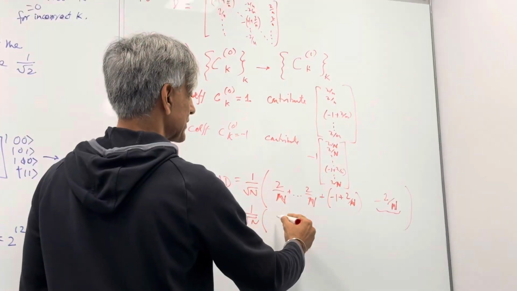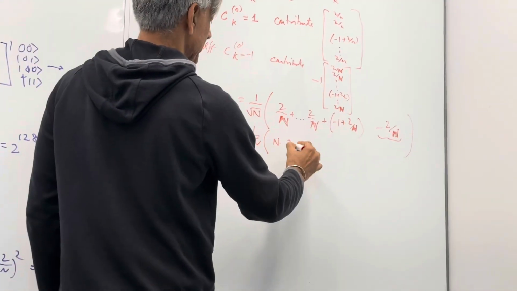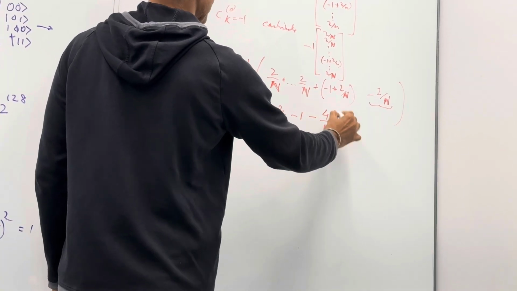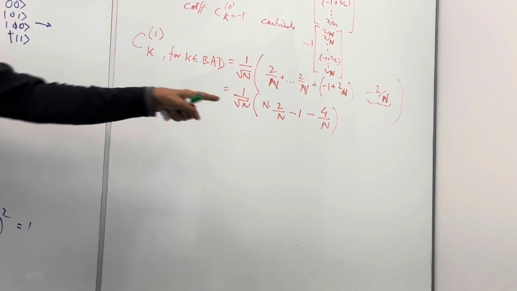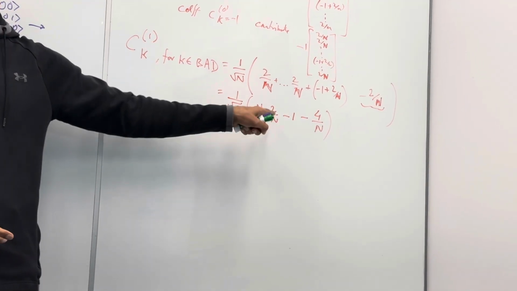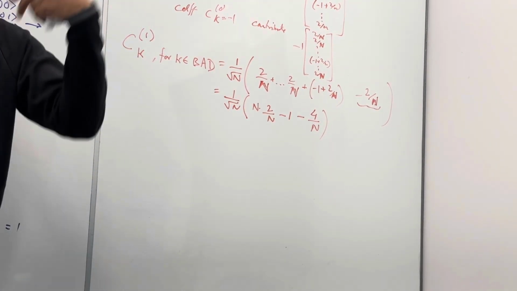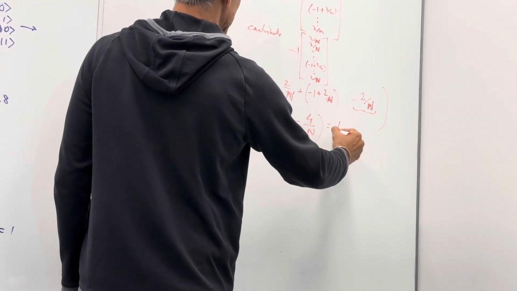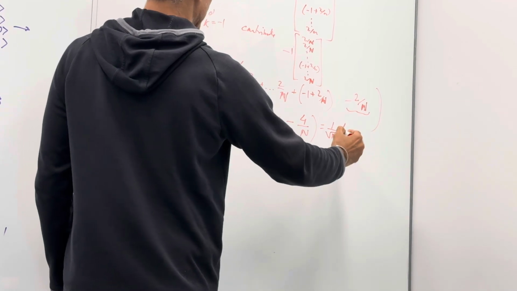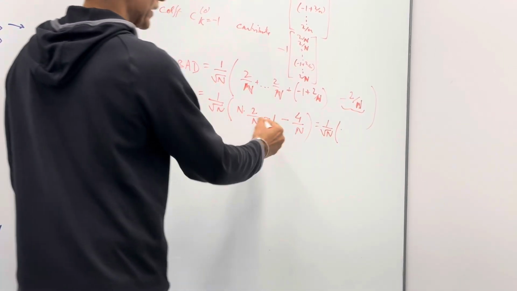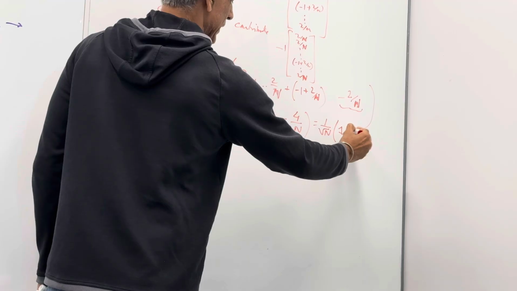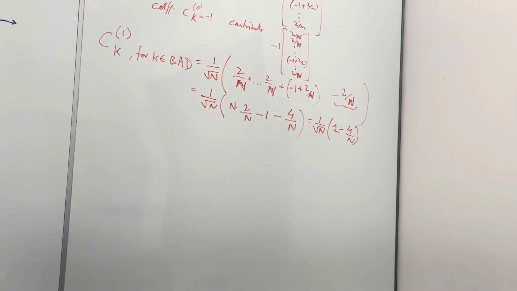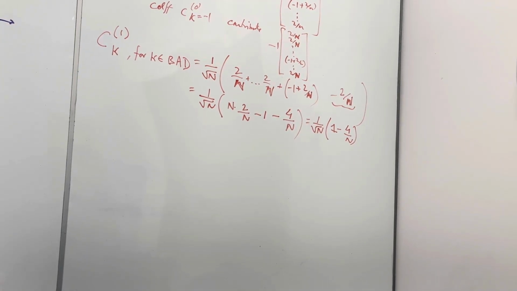So this is N times 2 by N, -1, minus 4 by N. Why is it -4 by N? Because I already counted plus. So cancel that and then subtract another 2 by N. So net this is 1 by square root N times, 2 minus 1 would be 1, minus 4 by N. As you can see, it went from 1 by square root N to slightly less than that.